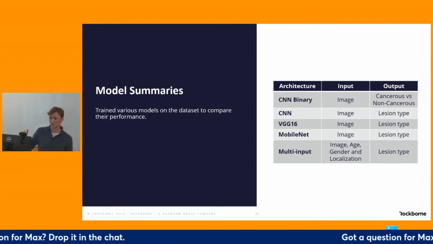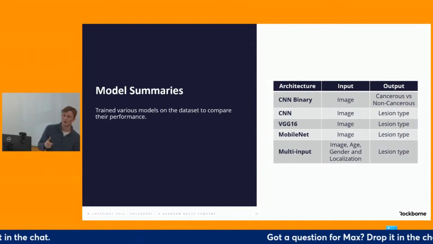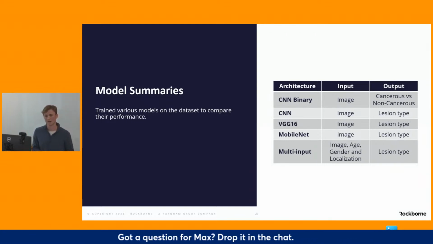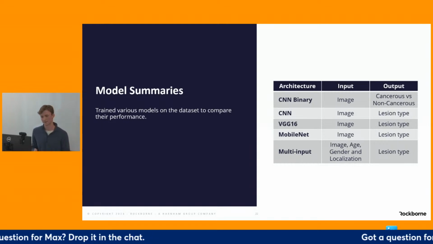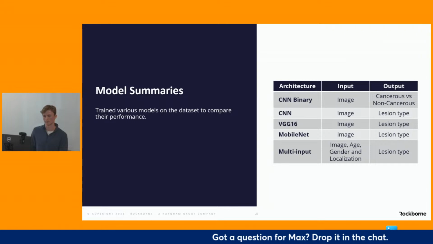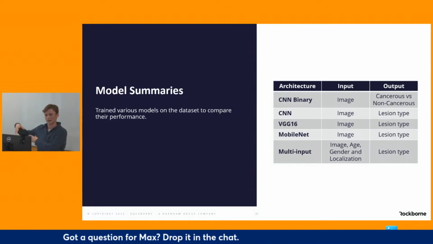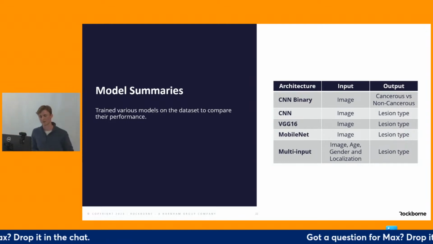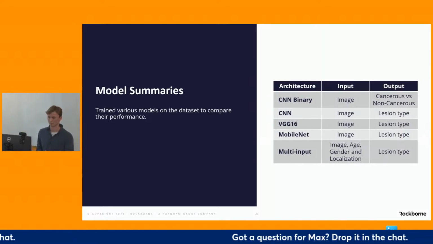The next 2, VGG16 and MobileNet, are models that are already available as image classifiers, but they're general image classifiers. So I use a technique called transfer learning, where we just take that classification section at the end of the model and train that on a new data set. So I keep all the feature extraction they've already learned from general image classification, and then just change the classification part to be specific to this problem.